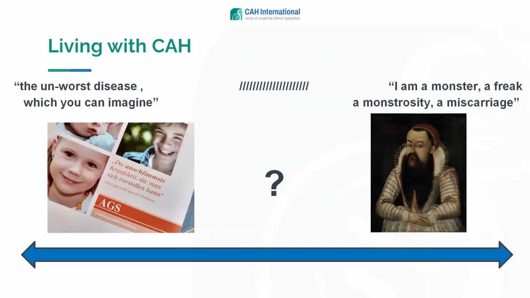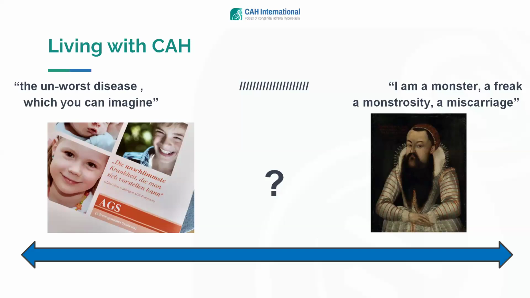And if I come back to the slide from the beginning, I did put a question mark in the middle between those two poles, those two extremes, where it's an "unworst disease" versus, yes, "I'm a miscarriage," like what this woman said.